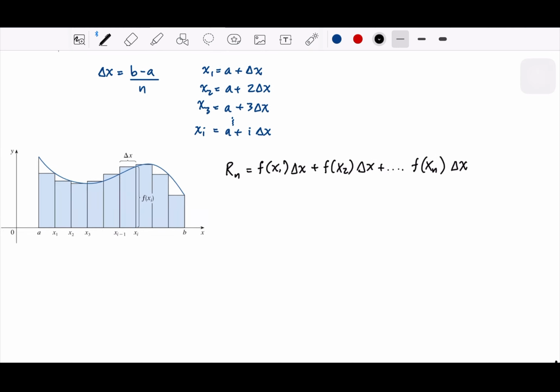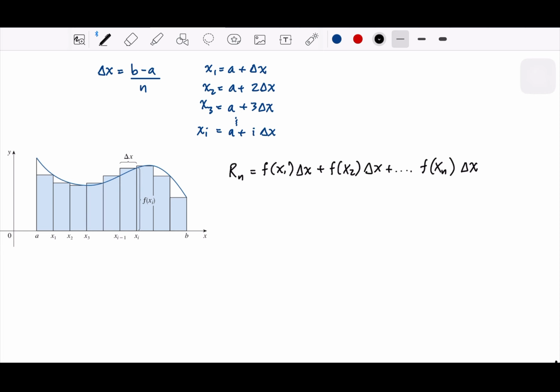So we could have a definition for the area for this R_n. If we take more and more rectangles, as we began to write before, we could take the limit as n goes to infinity, as n becomes larger and larger.